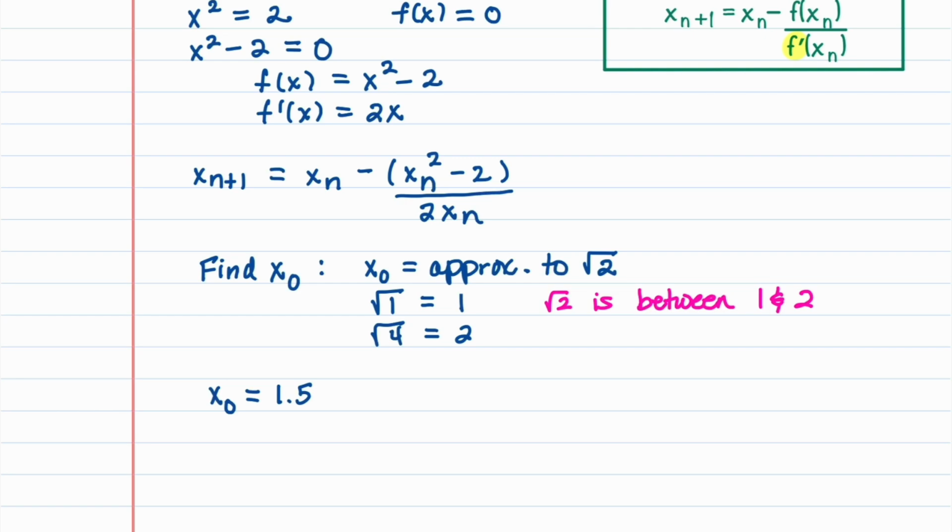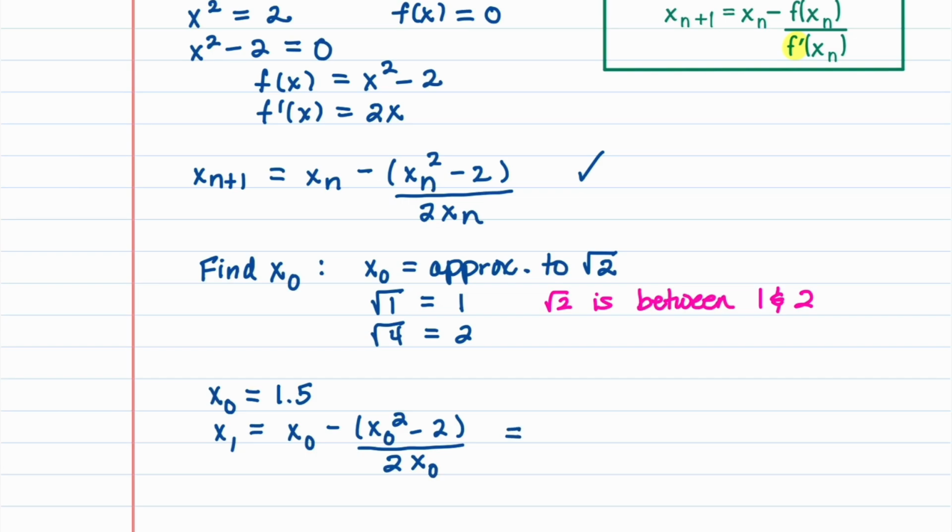Now we can go ahead and write down what x sub 1 should be. That is our next approximation. Looking right up here at this formula, x1 is going to be x0 minus x0 squared minus 2, all divided by 2x0.